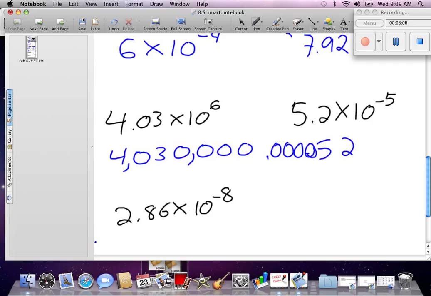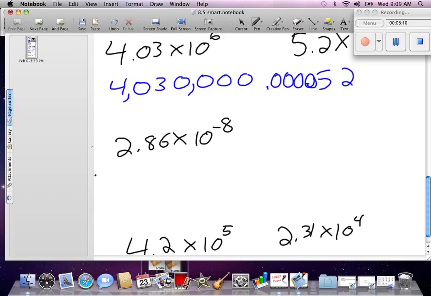Let's try one more before we try some on our own. We've got 2.86 times 10 to the negative 8. Big or small number? Small. Because it has what? A negative exponent. And it's got 8, so I've got to move it over 8 decimal places. So I think, okay, 1, 2, 3, 4, 5, 6, 7, 8.